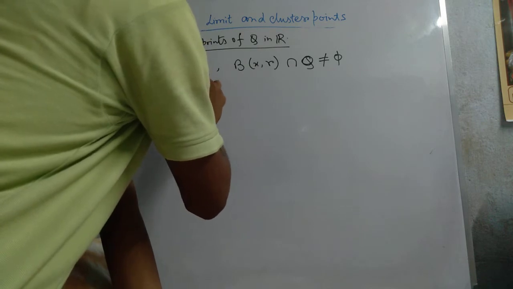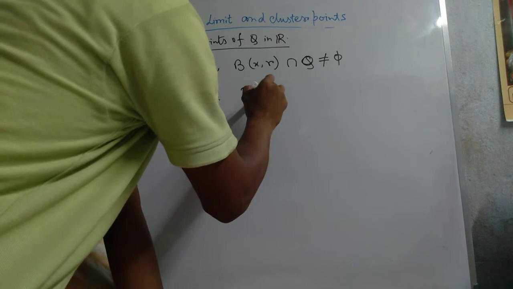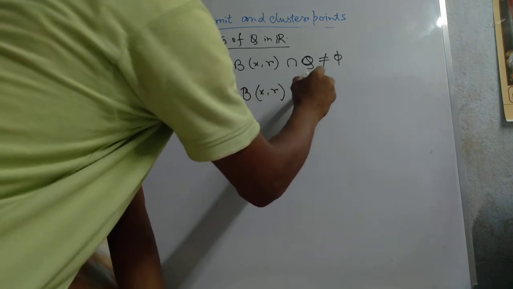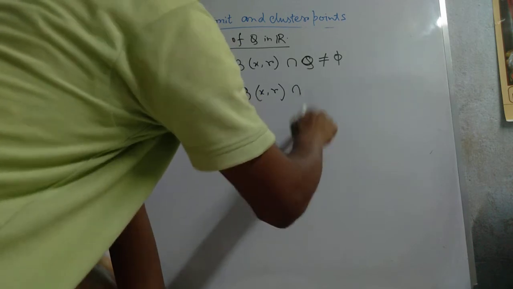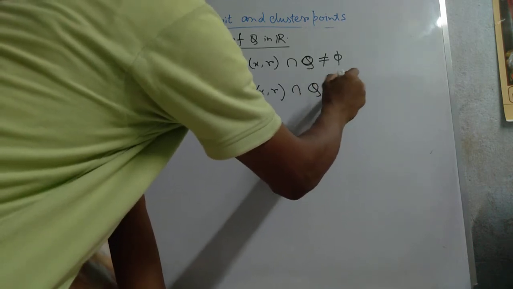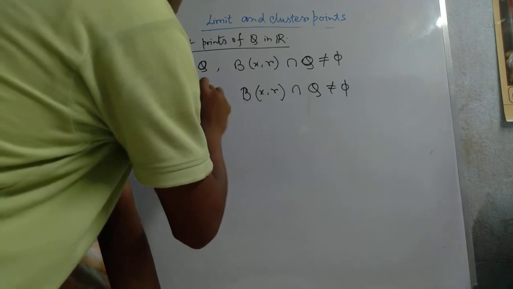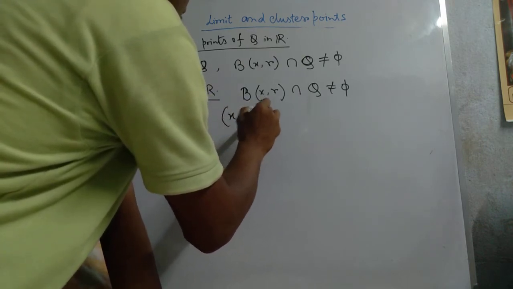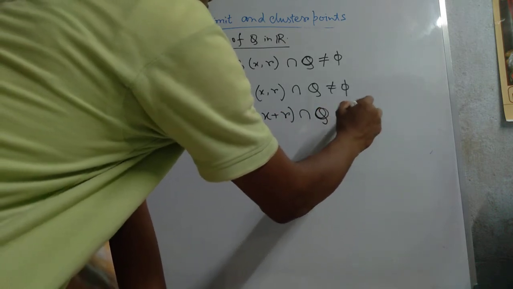x belongs to R, any point, then B(x, r) intersection Q is not equal to empty set. Then for any point x belongs to R, intersection Q is not equal to empty set.